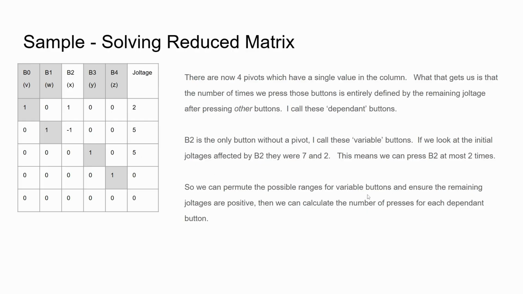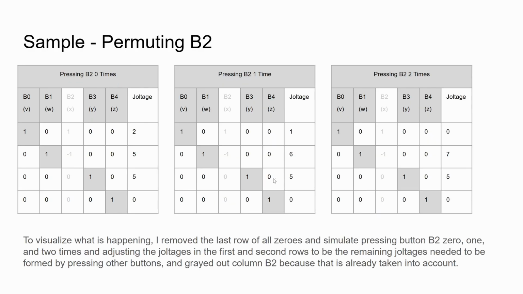We just got to permute all the possible values. Then we can calculate the required number of presses for the dependent buttons one at a time. So there's only 0 to 2 times we have to press button 2.